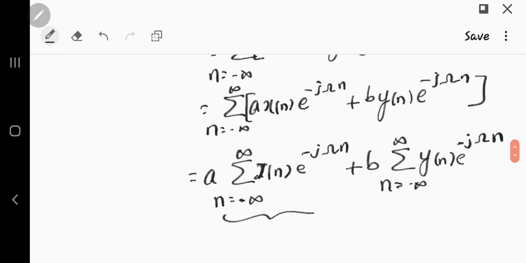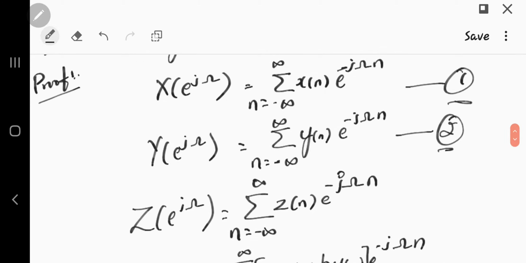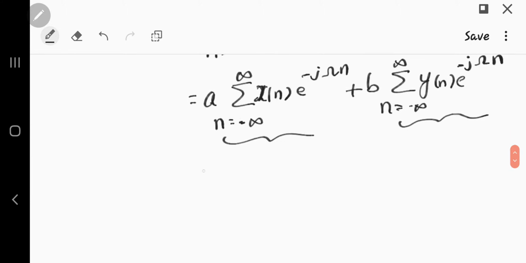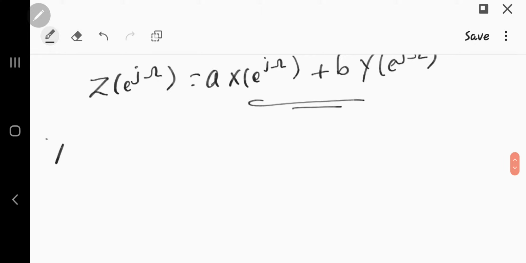Now these two terms are represented in equation 1 and equation 2, that is X of e power j omega and Y of e power j omega. So we replace them, and we end up with a into X of e power j omega plus b into Y of e power j omega. So here we have Z of e power j omega. This is the proof of the linearity property. Next we move to the next property, that is time shift.